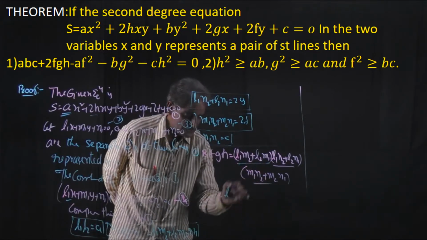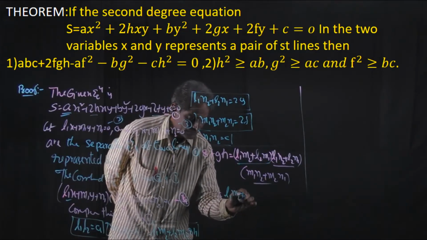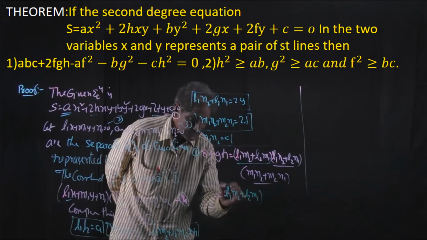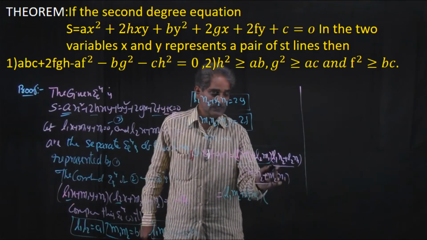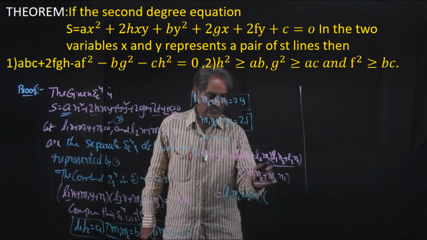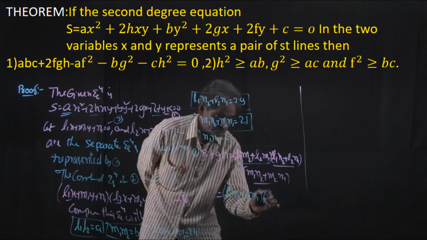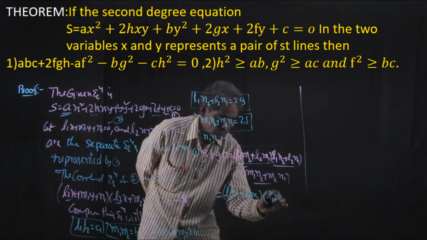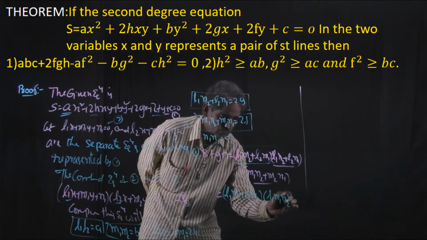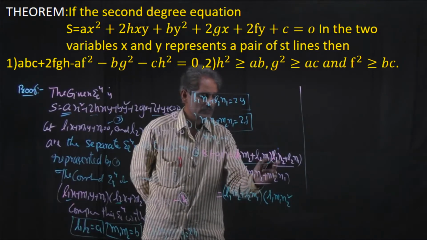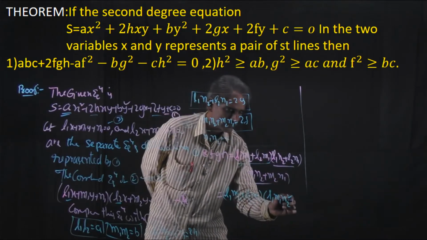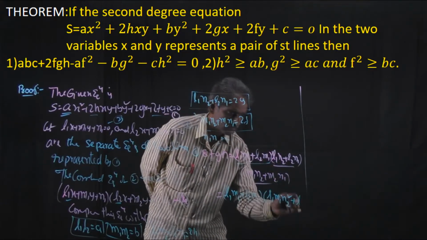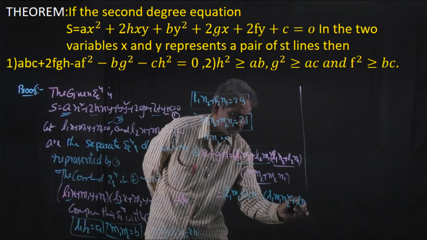The first term is this one, L1 M2 plus L2 M1, into, just multiplying these two brackets, L1 M1 N2 square, L1 M1 N2 square. Next, L1 M2 N1 N2 plus L1 M2 N1 N2.